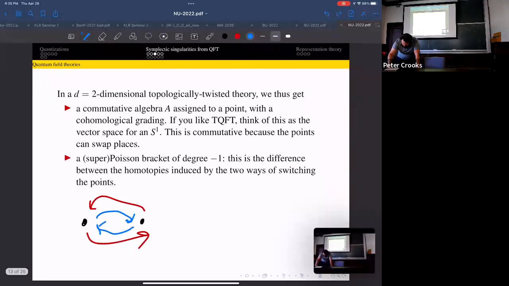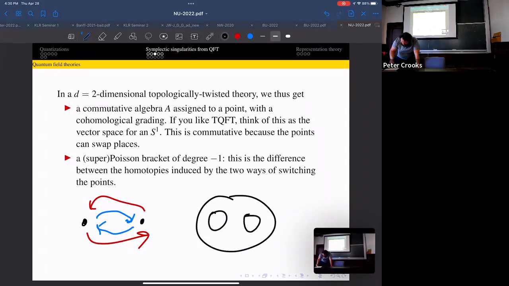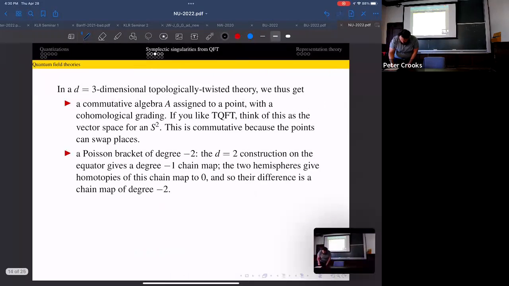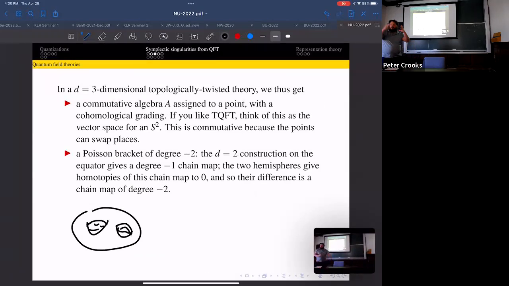Like I could have drawn the picture here of the multiplication corresponding to this cobordism from 2 circles to 1. So here the multiplication is going to correspond to this cobordism from 2 spheres to 1. I know my picture's not so great.